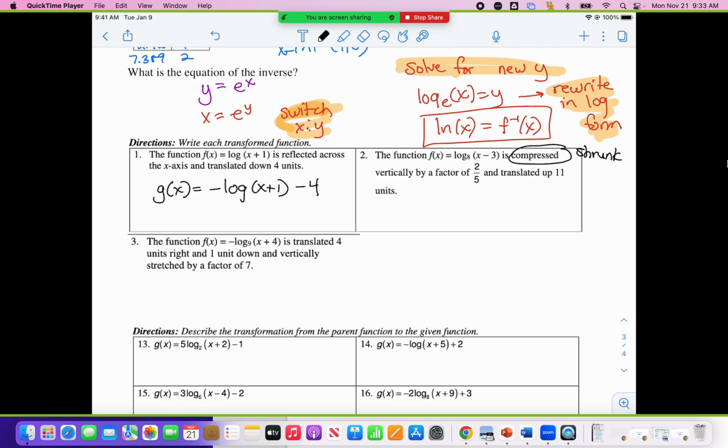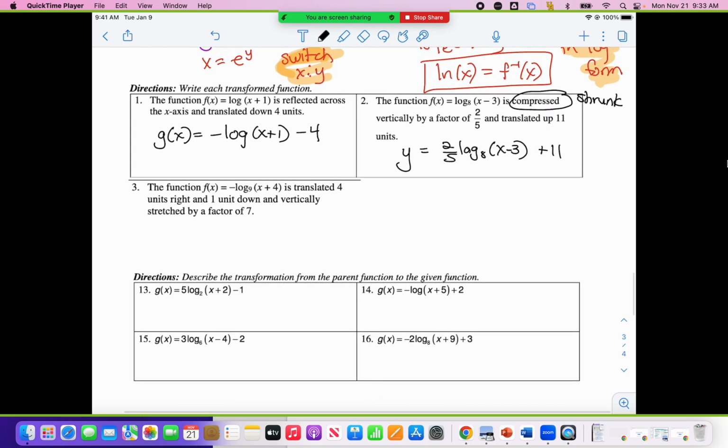All right, Elise, what'd you get? g of x equals 2/5 log base 8 of (x minus 3), plus 11. Good job, you got it. You can call it g of x, y, anything you want.